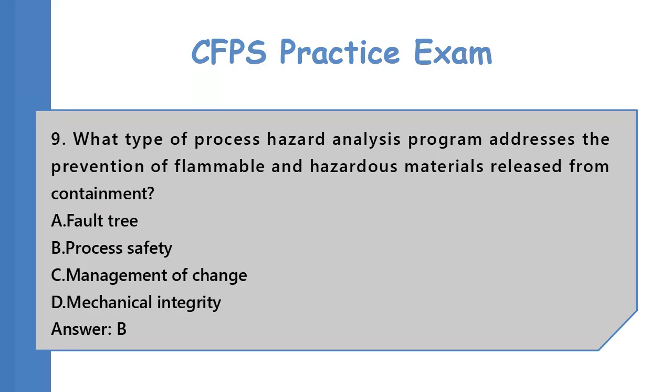9. What type of process hazard analysis program addresses the prevention of flammable and hazardous materials released from containment? A. Fault tree. B. Process safety. C. Management of change. D. Mechanical integrity. Answer: B. 10.